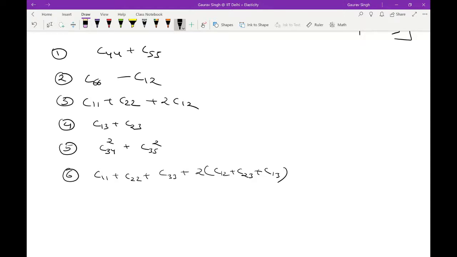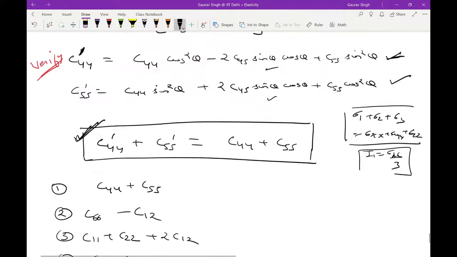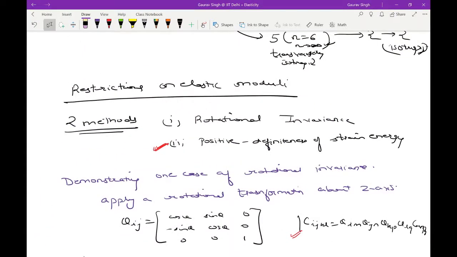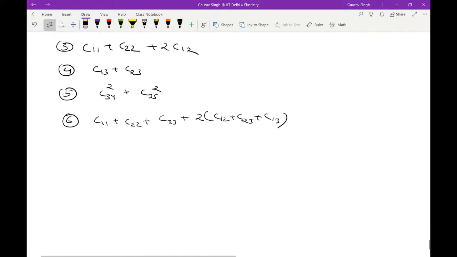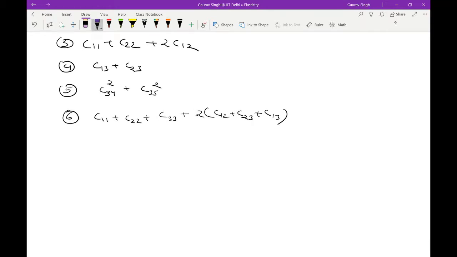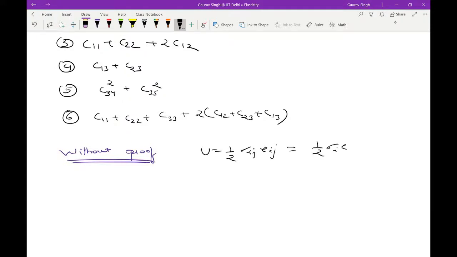Now the other concept which we had learned was about the elastic bounds using the positive definiteness of the strain energy concept. I am stating all this without proof at the moment. The idea is very similar to what you would write about the strain energy. So U, if you remember, was equal to half sigma ij e ij, or half sigma i e i.